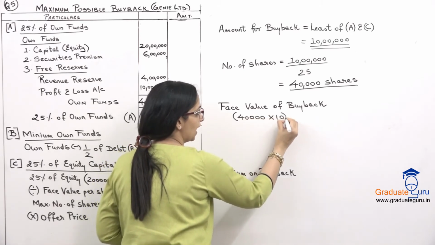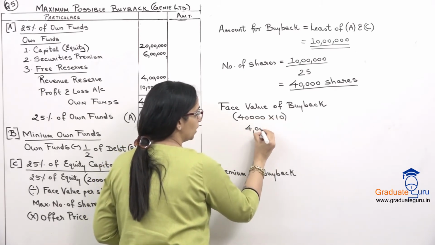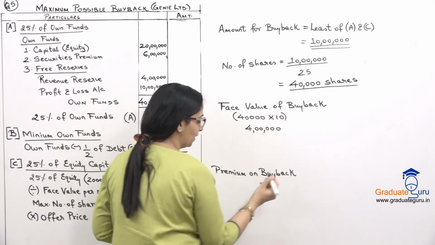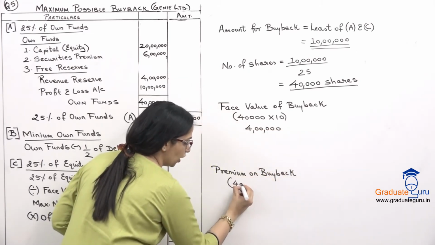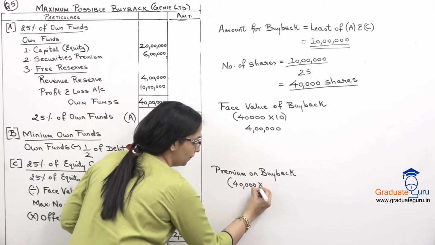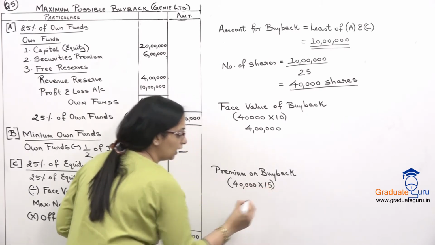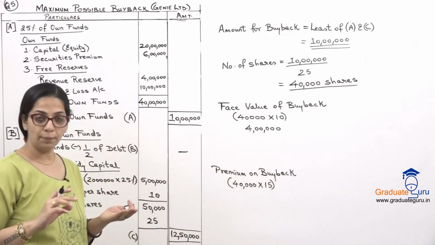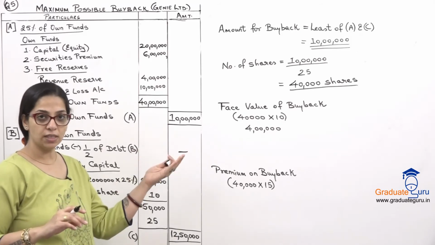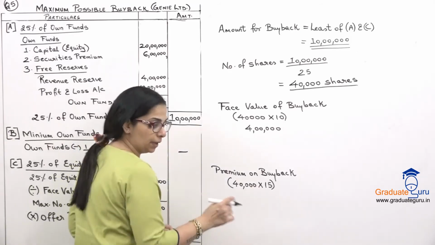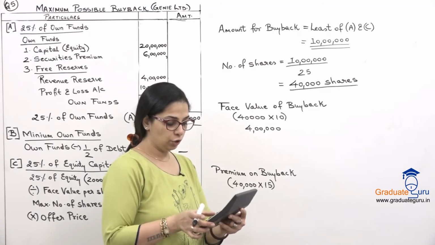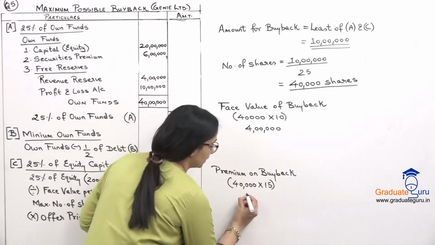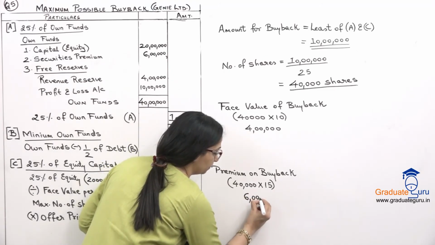Face value is 10. So your face value is 4 lakh. Number of shares 40,000. Premium is 15. 25 is the offer price minus 10 face value. So 15 is my premium. 40,000 into 15. 6 lakhs is my premium.